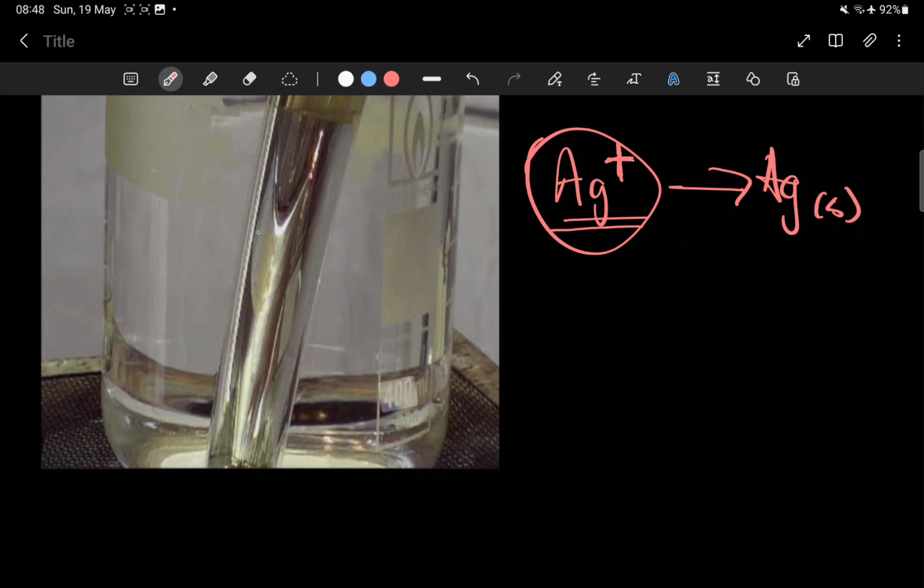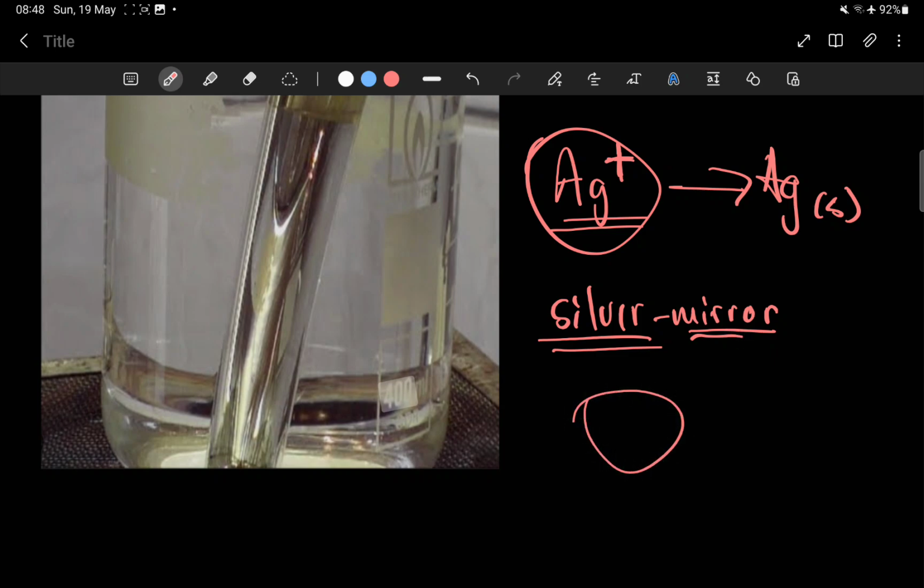And that is what you see. This mirror-ish, we say silver mirror. That's what we say, silver mirror color. Because what happens is silver goes to the walls of your test tube inside and it pastes there. And it's a solid. And that's why you see it like a mirror here.